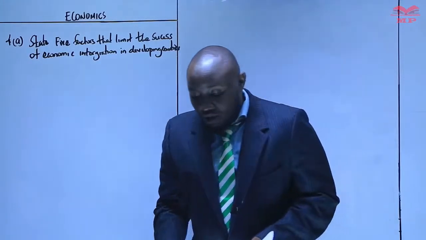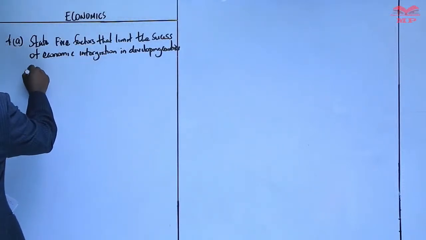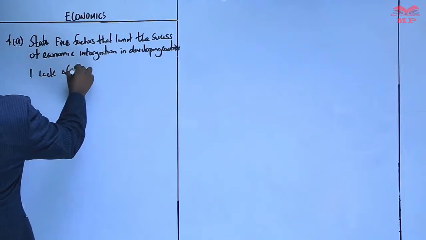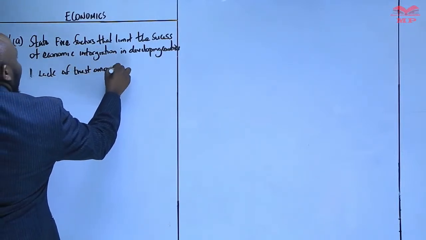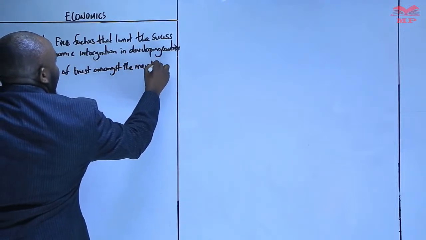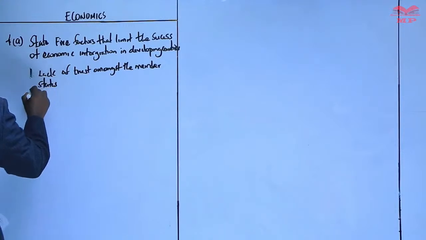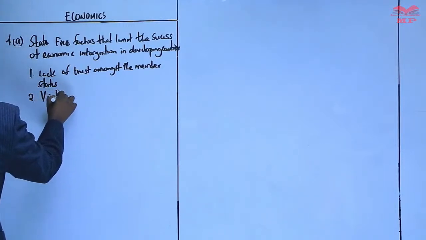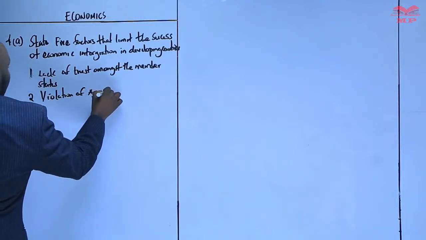We can put them on the board. Number one, lack of trust amongst the member states. Number two, we have what we call violation of agreements.